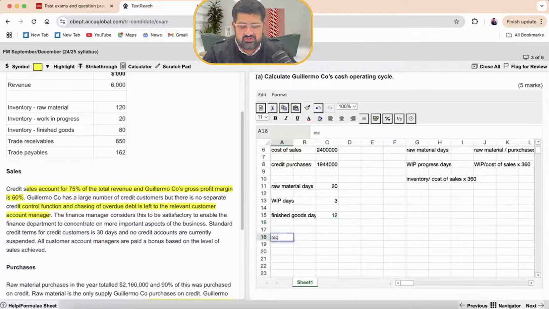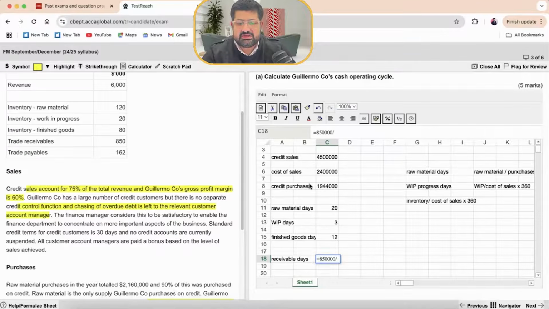Now the next is receivable days. So receivable days are average receivables 850,000 divided by credit sales into 360, because it is related to the receivables and sales.